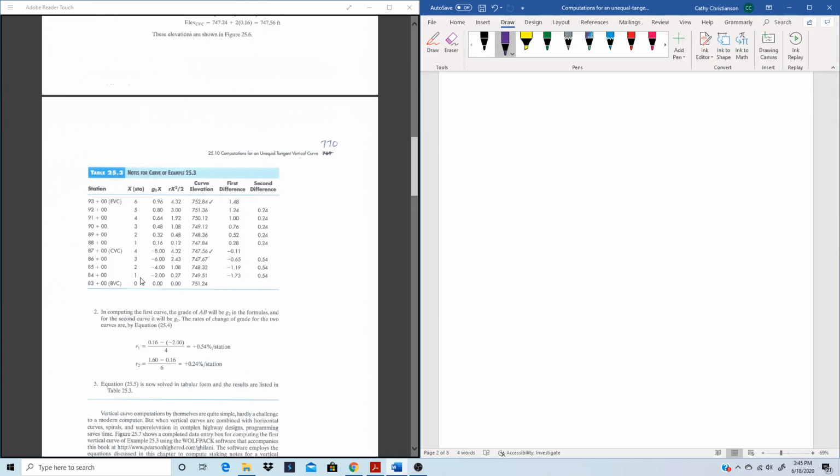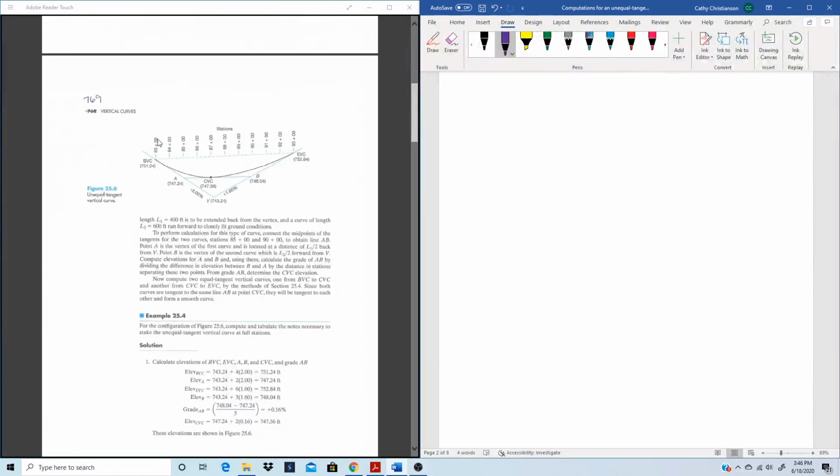So I'm going to work a couple of them to show you how they're done. Alright, so remember 83 is the beginning vertical curve for 1. So 83, 84, 85, 86, and 87. So that's 1, 2, 3, 4 stations.